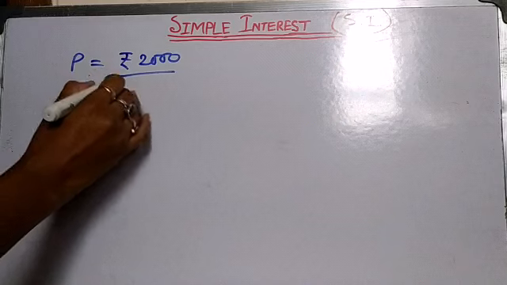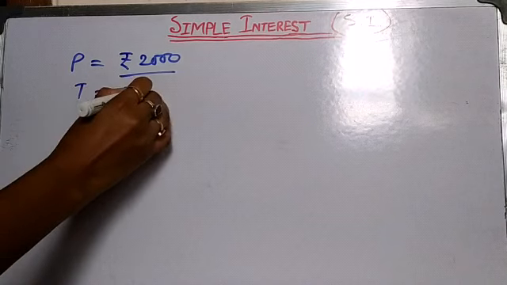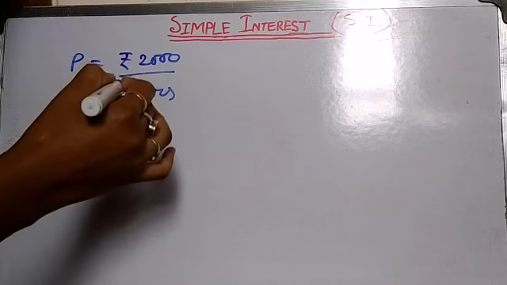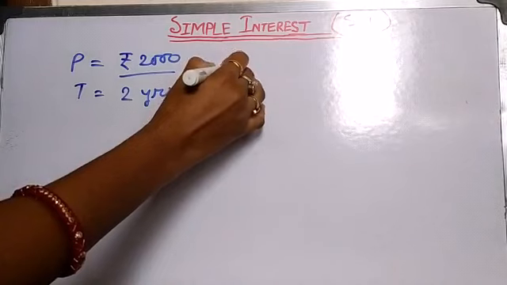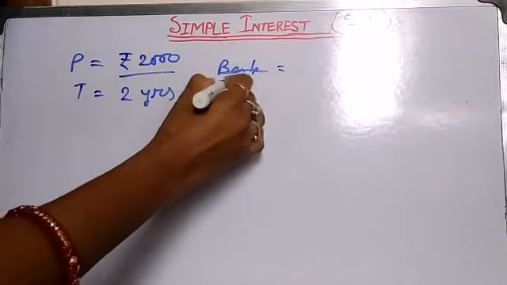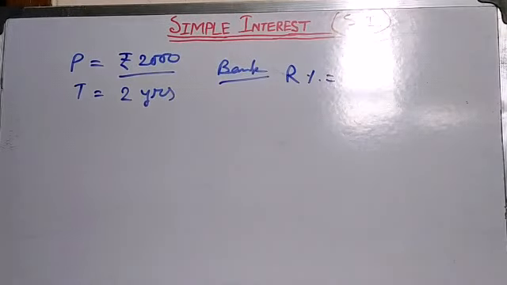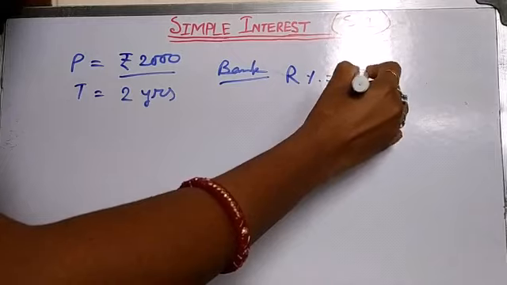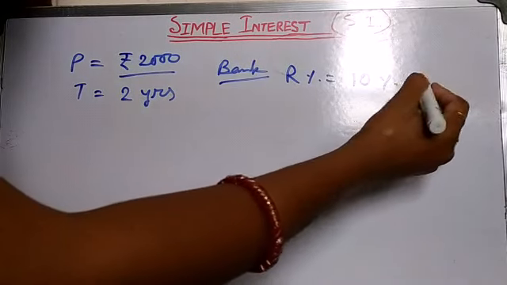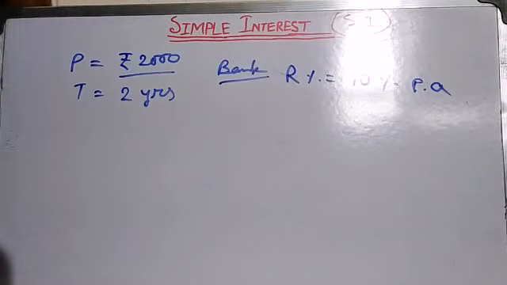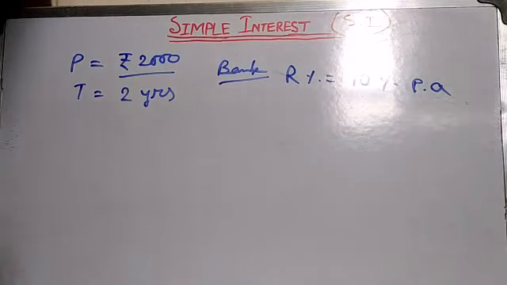Then after some years, suppose after 2 years, I want to get back this money, and the bank will give interest, that is rate of interest, suppose 10% per year, per annum. P.A. means per annum. Annum means year, annual. So the bank will give 10% per annum interest, suppose.